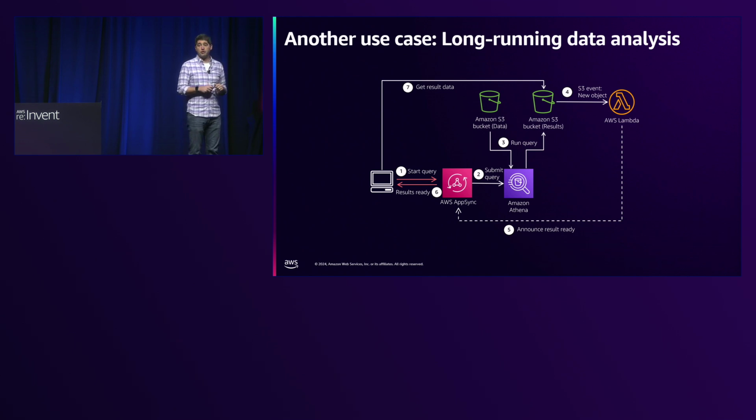It could also go through EventBridge if we wanted. And then our Lambda function says, OK, this query is finished. It goes back to AppSync, or again, any of the patterns we just talked about. And it lets the client know that the results are ready so that the client can maybe use an S3 pre-signed URL to go download that result set. So again, this is actually pretty helpful depending on the types of work you do. And it was really interesting to a whole bunch of people last year.